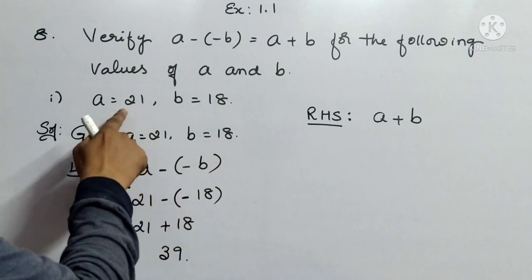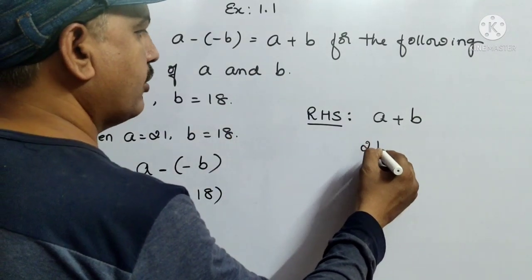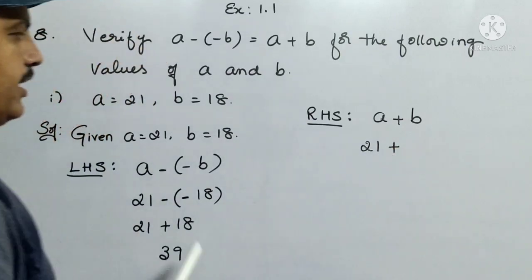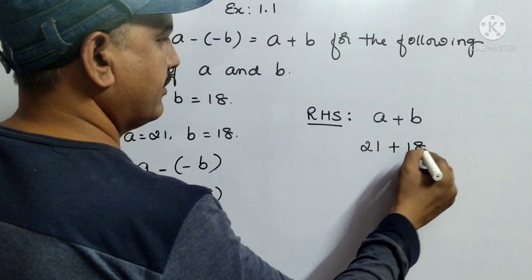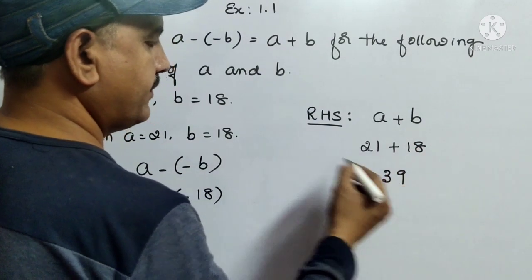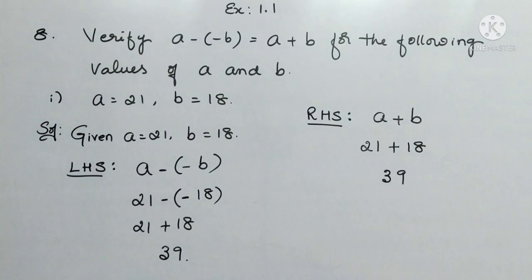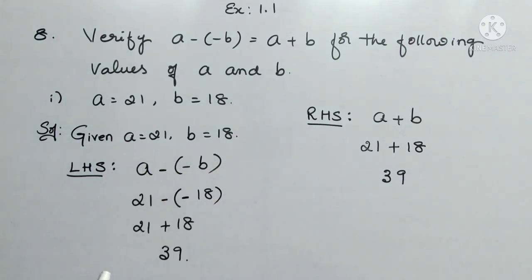Now what is the A value? 21. So instead of A, we replace the value of A as 21, and B is 18. So 1 plus 8, 9. 2 plus 1, 3. So you got RHS also 39. That means by LHS and RHS, what do you understand?